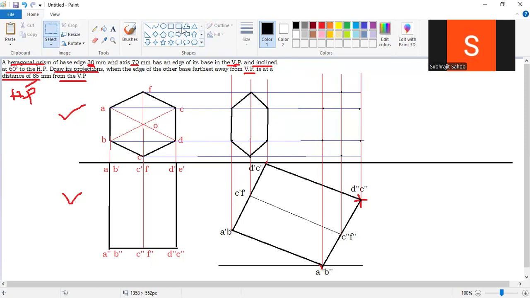Next, sir, this side also you join, here to here, here.